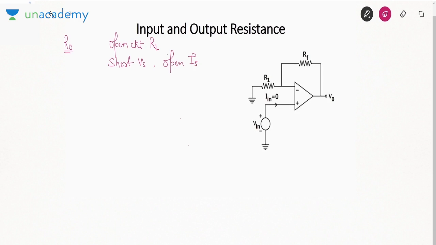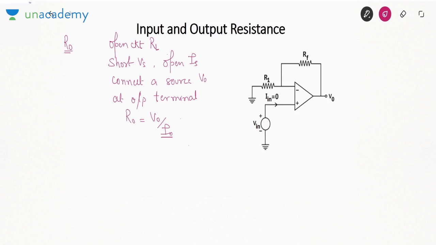If there is a current source, you will open circuit it, and if it is a voltage source, you will short circuit it. Connect a source V0 at the output terminal. Then R0 is simply V0 by I0, where I0 is the current supplied by the source connected at V0. So the ratio V0 by I0 is your output resistance.